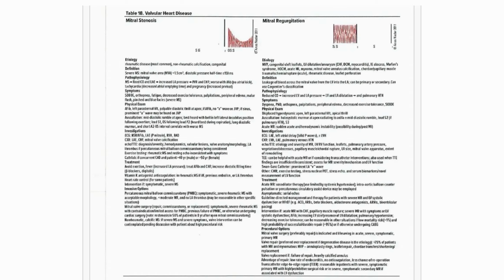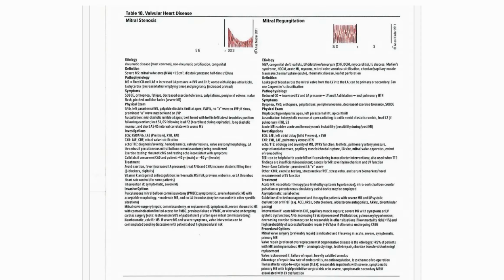Definition. The table defines mitral regurgitation as a backward leakage of blood from the left ventricle into the left atrium during systole. It may be primary due to valve disease or secondary due to ventricular dysfunction. Pathophysiology.